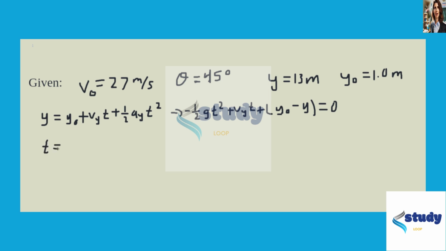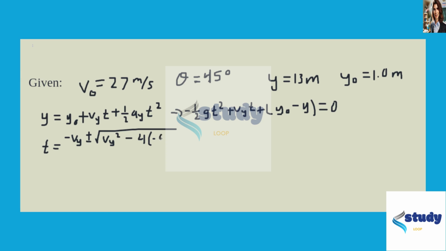So t is going to be equal to minus v of y, using the quadratic formula, plus or minus the square root of v of y squared, minus 4 times minus g over 2 from the 1/2 g. It's just g over 2. Let's make that a little more legible.